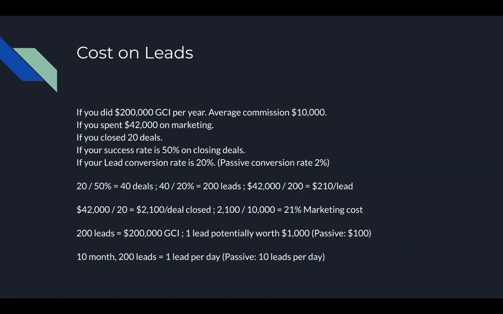If you're getting referrals, you have to get 1 lead per day to earn $200,000. If you're door knocking or cold calling, you have to get at least 1 lead per day. If you're getting internet leads, you have to get at least 10 leads per day to earn $200,000 per year.